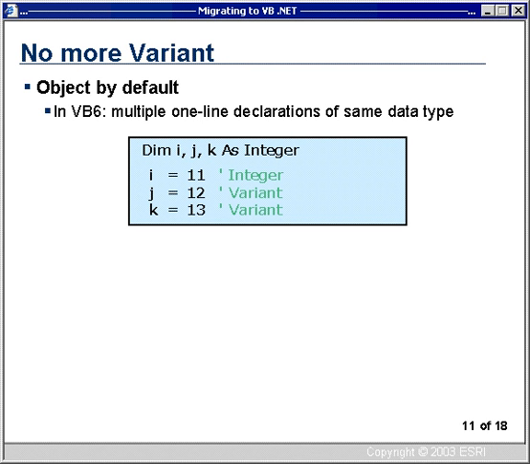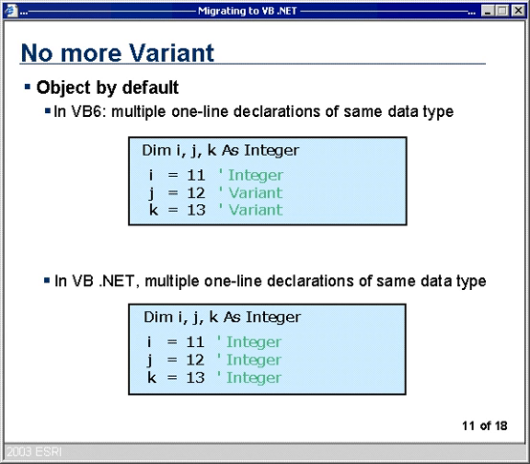Let's look at one more change. With VB.NET, the data type Variant has gone away. Everything is now an Object. You may have worked with variants in Visual Basic 6 without really knowing it. For example, in multiple one-line declarations of the same data type, only the first variable assumed the desired data type, and the others became variants.